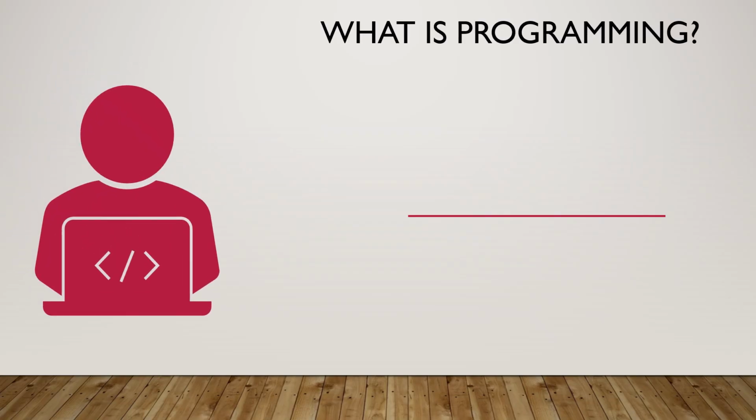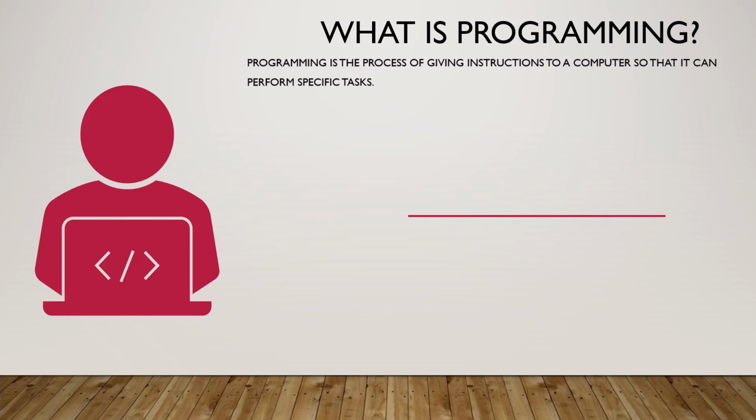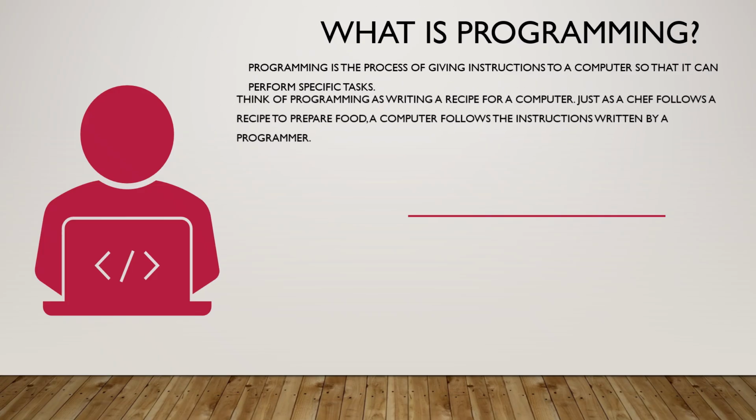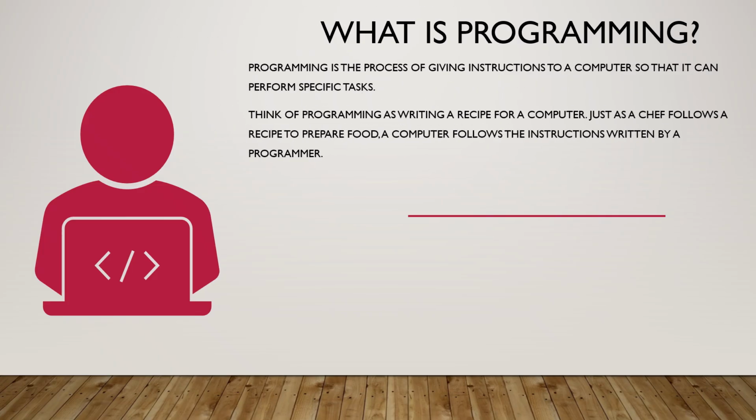What is programming? This is what we are going to discuss in our class. Programming is the process of giving instructions to a computer so that it can perform specific tasks. Think of programming as writing a recipe for a computer, just as a chef follows a recipe to prepare food.